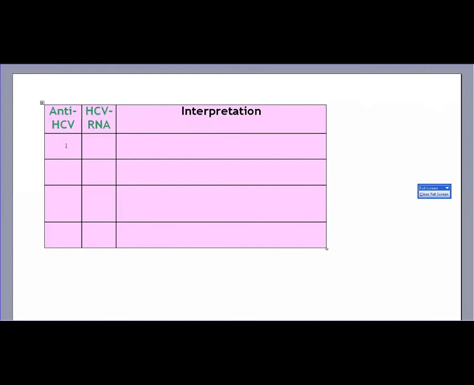So the first profile, both markers are negative. So this is the typical profile of a patient that has been never infected, so susceptible. However, this profile may be also found in some patients with a past infection.